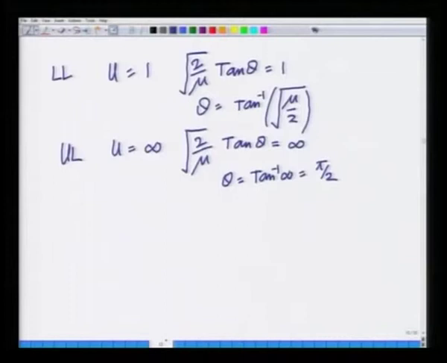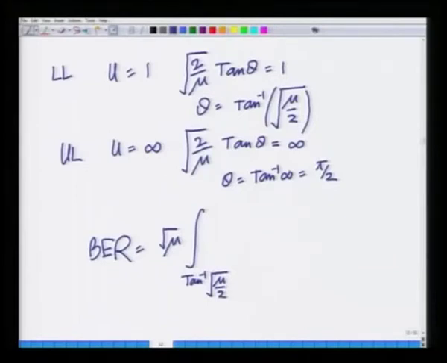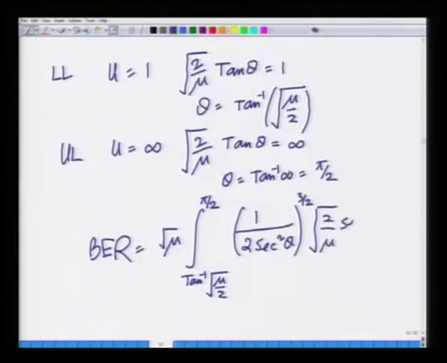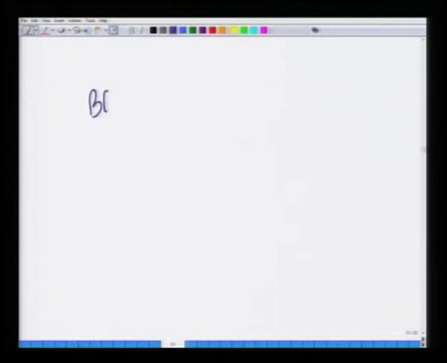So, this integral, you can please verify, it can be written as, the bit error rate becomes square root of mu integral tan inverse square root of mu over 2 to pi by 2 1 over 2 secant square theta to the power of 3 by 2 into root 2 over mu secant square theta d theta, and this can be simplified as follows.